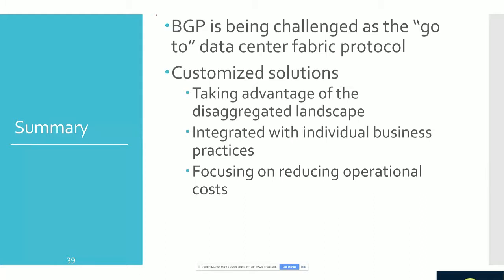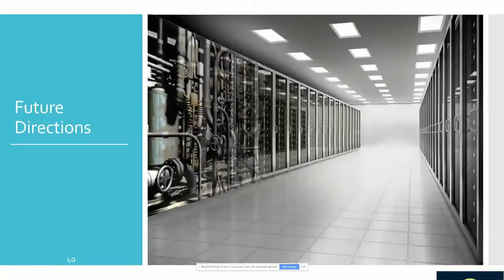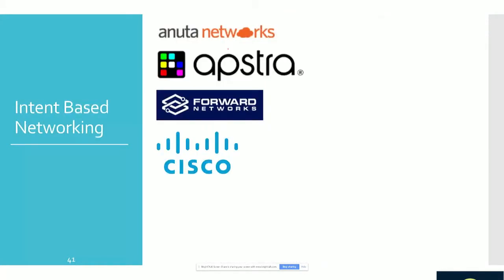I see a lot of interest from other companies that you might consider smaller than a hyperscaler, companies that are pushing 150, 120,000 blades in their data centers, and they are looking at other solutions now and starting to think, well, why am I running BGP? So now let's talk a little bit about future directions.